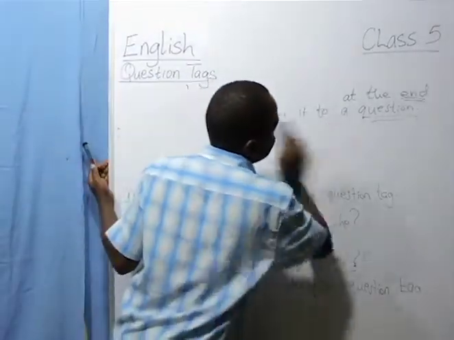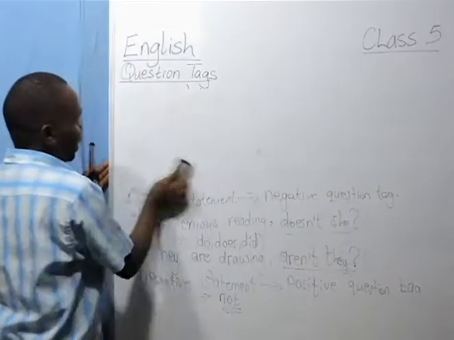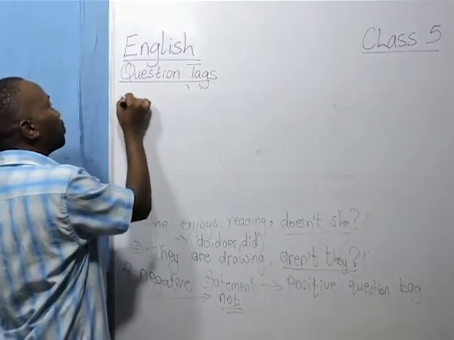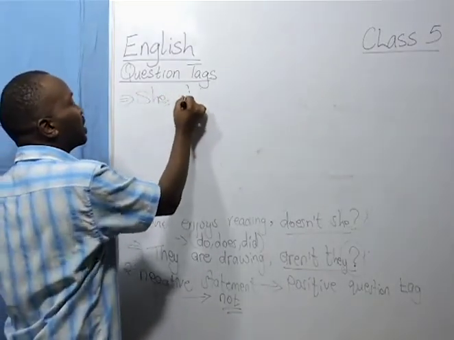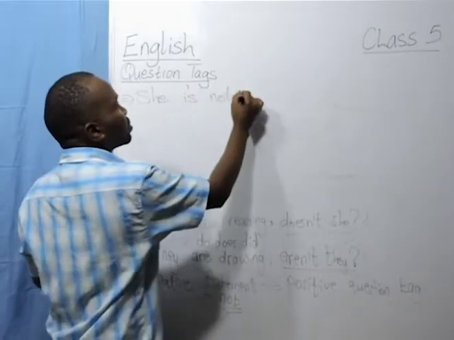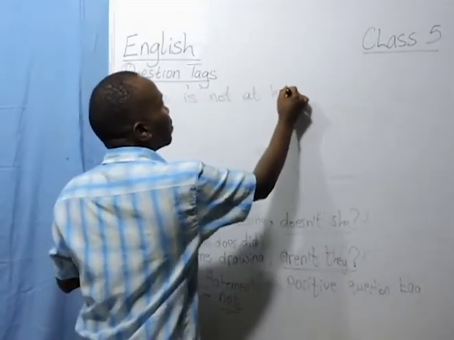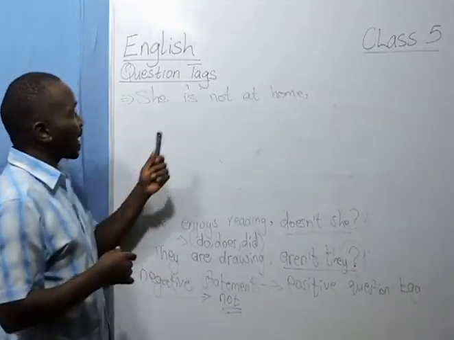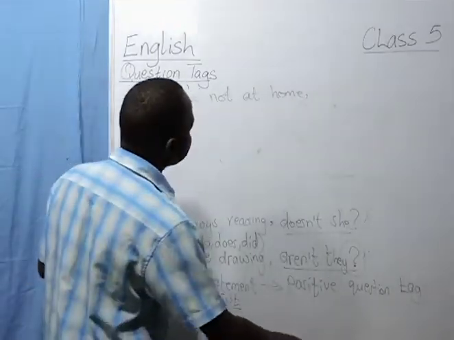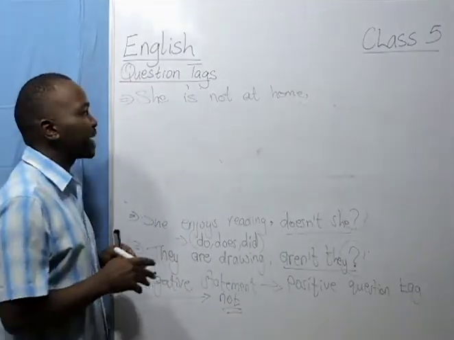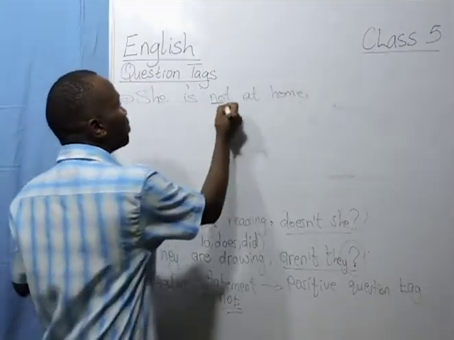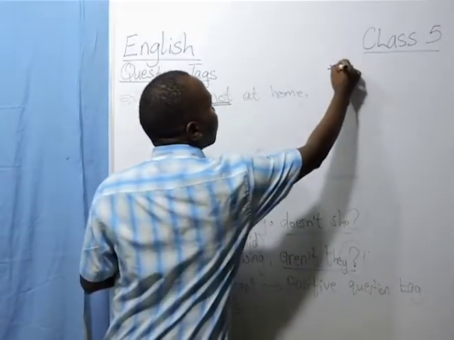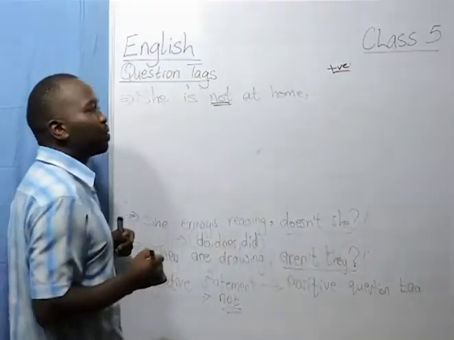will say, she is not at home. She is not at home. So therefore, we find that the word not makes this statement negative. And therefore, our tag will be positive.